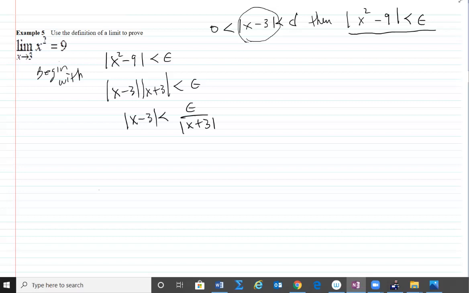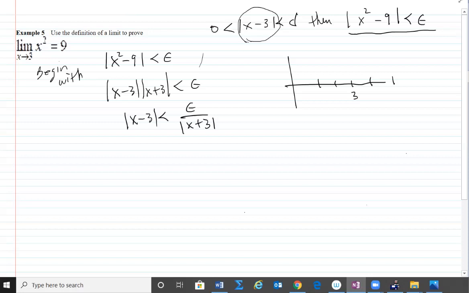So what we'll do is we'll start with, okay, so here we are. We need a limit on this. So what we're going to do is this, remember, we're at 3 over here.